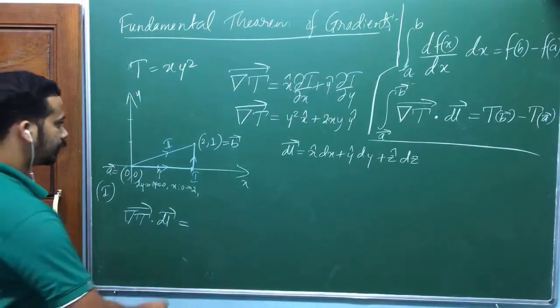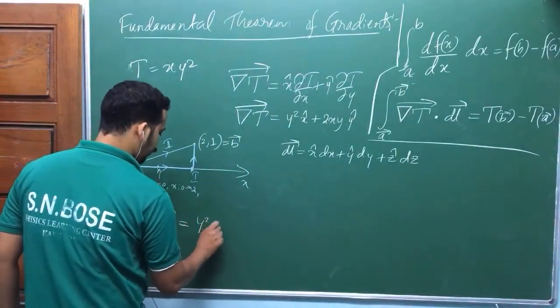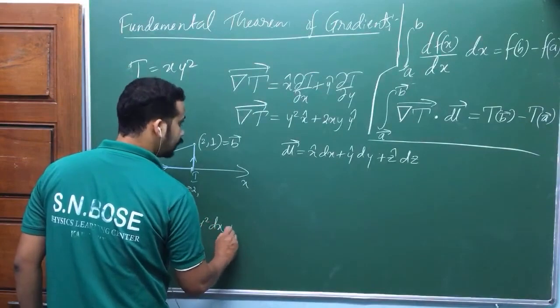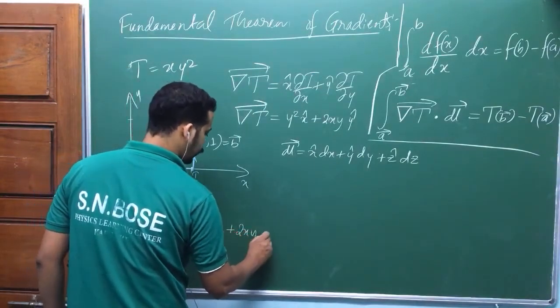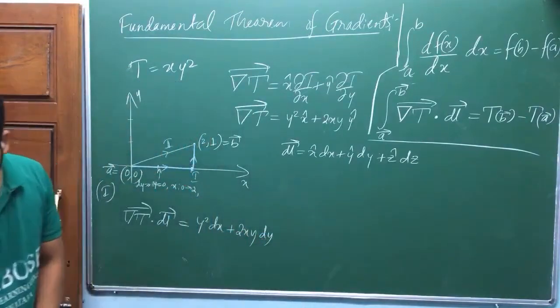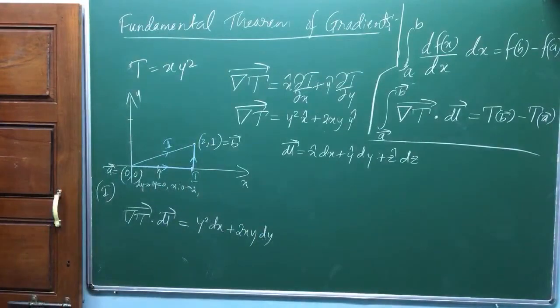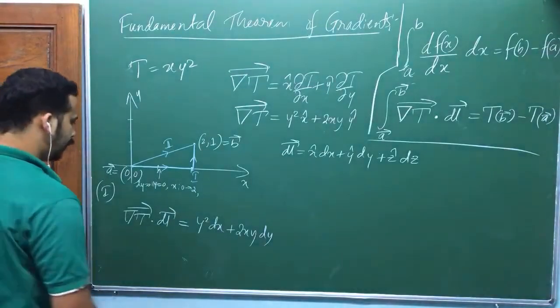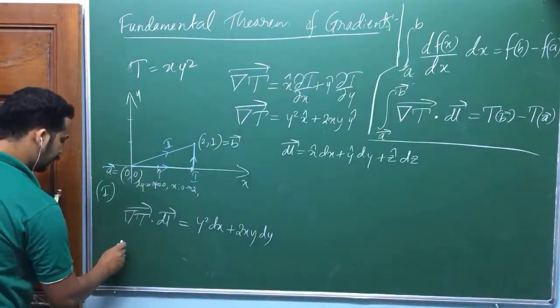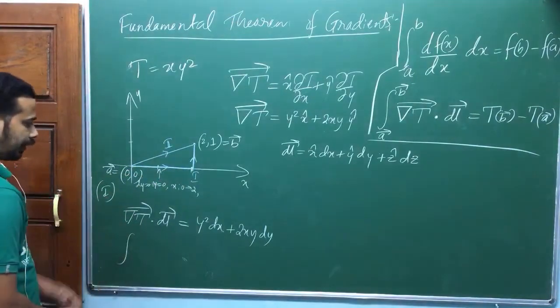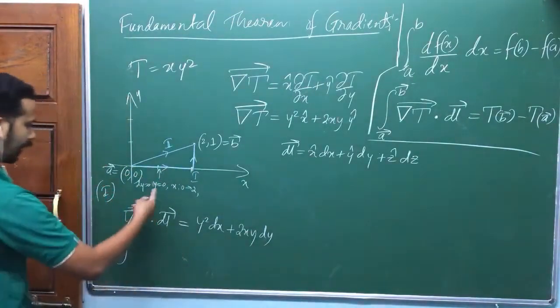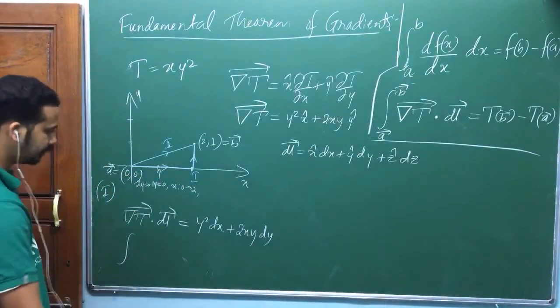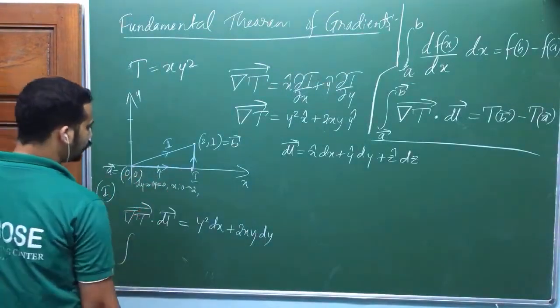When you take a dot product, you will get y square into dx plus 2xy into dy. Check this out. Y square dx, 2xy into dy. Now while doing the integral in this path, dy equal to 0, this part is 0, y equal to 0, that integral is 0, am I right? Along this path, the integral is 0.